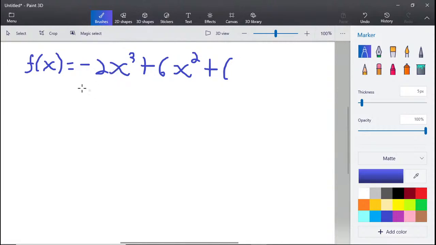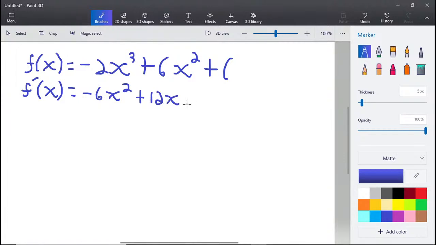So what we can do is take the derivative of f. So f prime of x is going to be equivalent to negative 6x squared plus 12x, right?